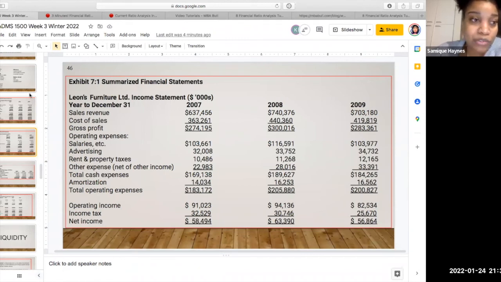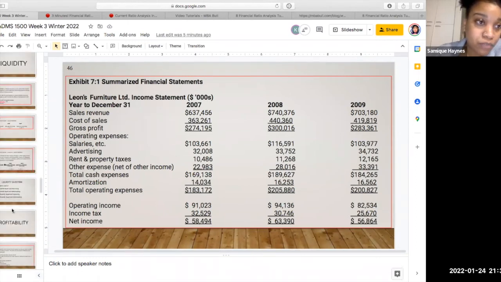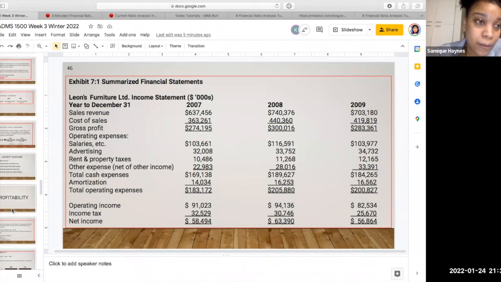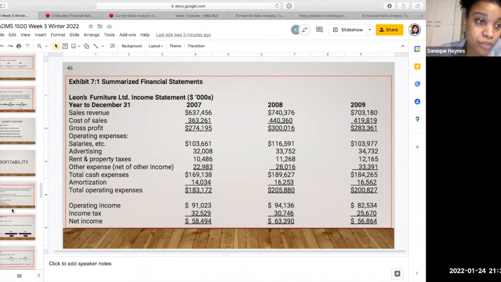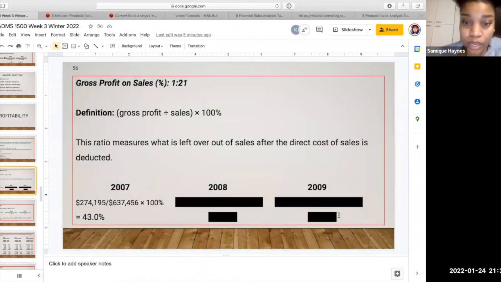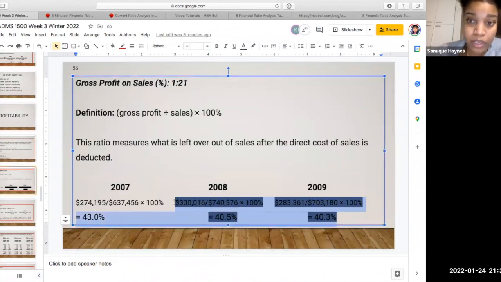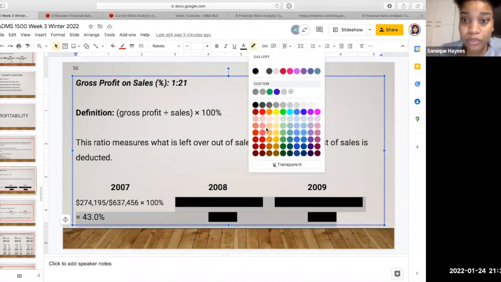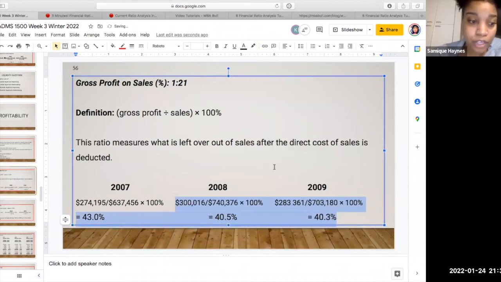Okay, and for 2009, 40.3 for 2009. 40.3. Okay, all right, let's double check. And you guys were correct, okay? So that's how we calculate our gross profit on sales.